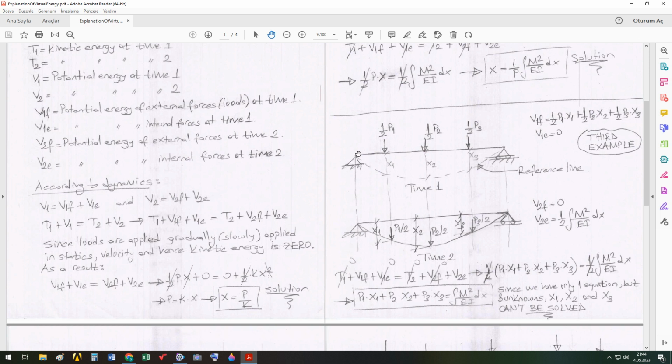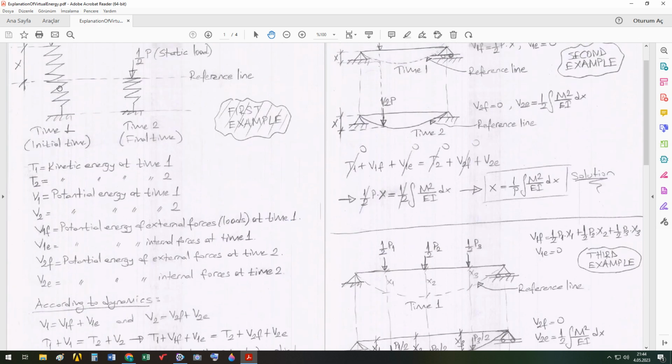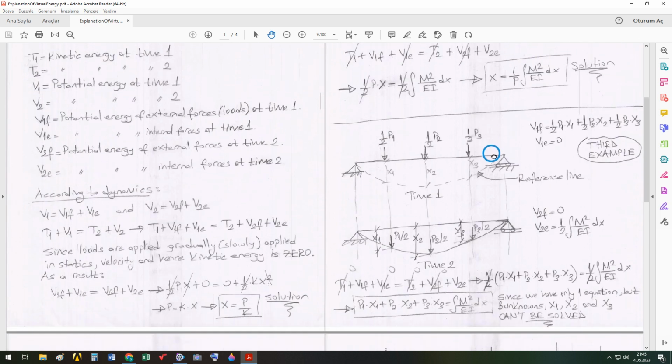But when I am writing the internally stored energy of the beam, or energy of the internal forces, potential energy of the internal forces of the beam, you see at time 1 the beam is straight, as here the spring is not elongated nor compressed.